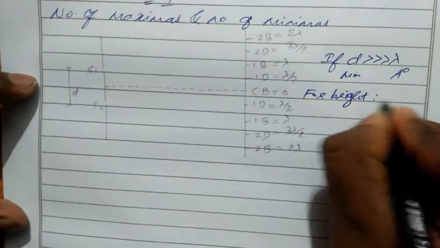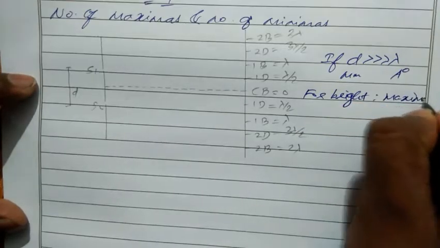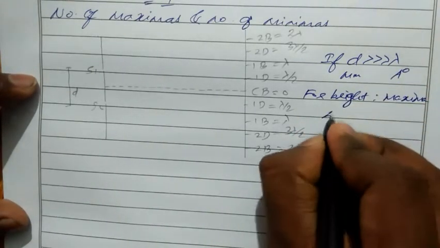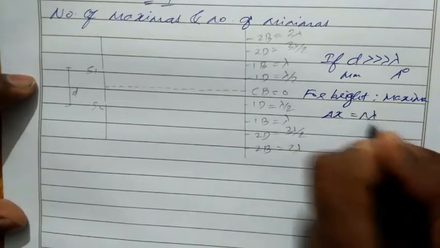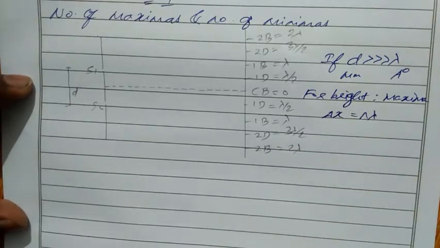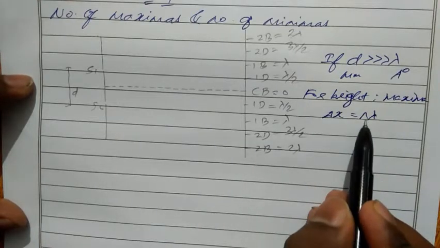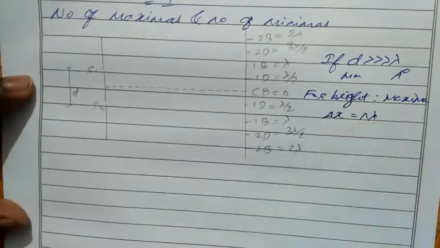For bright fringes or maxima, we have path difference del x equal to n lambda. Correct? This is for the maximum value. In this diagram our maximum is 2, and if we substitute 2, we get 2 lambda. So we have n number of bright fringes here.